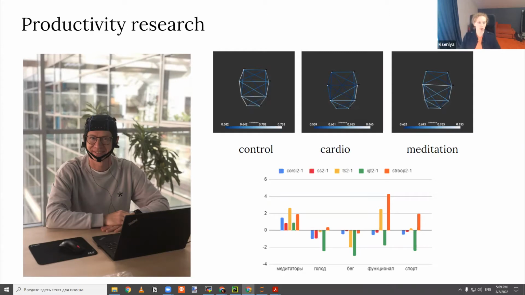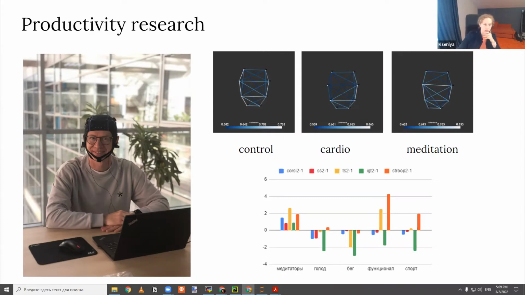In one of the projects, we have a research of productivity. The main idea of such studies is that your state of concentration or joy depends, among other things, on your biochemistry or the level of glucose, and then maybe on the enrichment of the brain with oxygen.